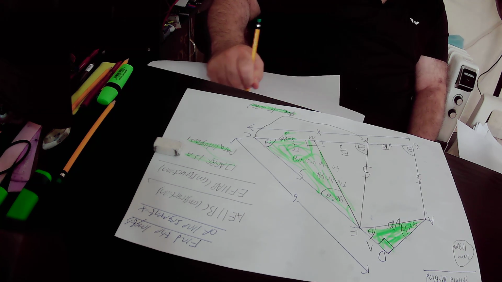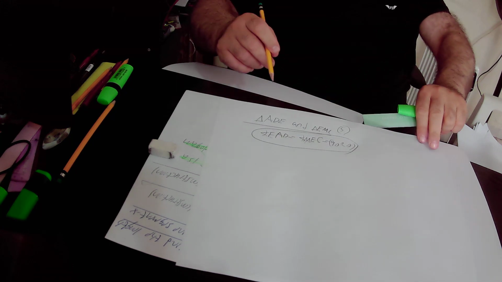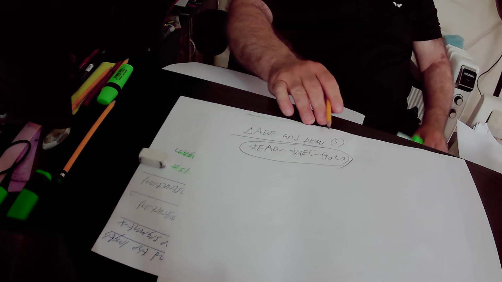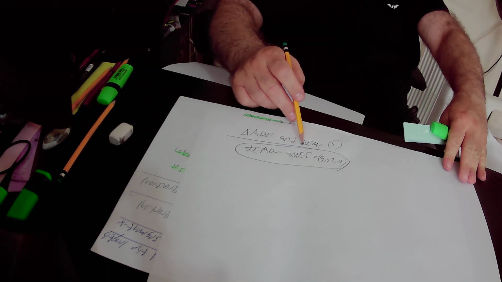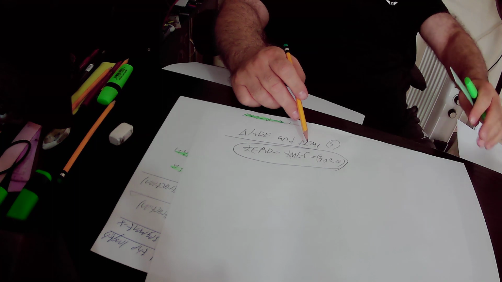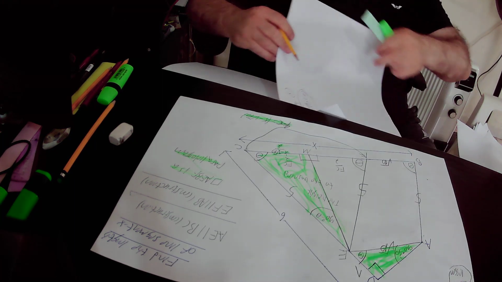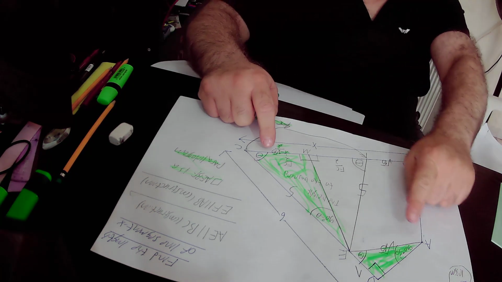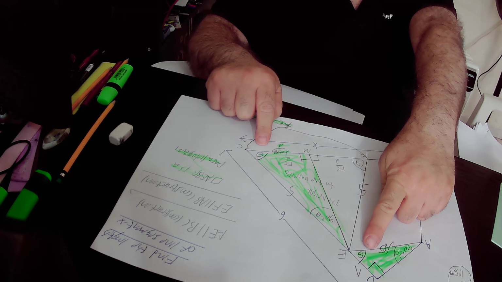So I repeat again. We'll prove that triangle ADE is similar to triangle EMC. Why are they similar to each other? First of all, angle AED equals angle MEC, and both angles are equal to 90 degrees minus theta, therefore they are equal to each other. In addition, those two angles are both equal to theta, therefore they are equal to each other.